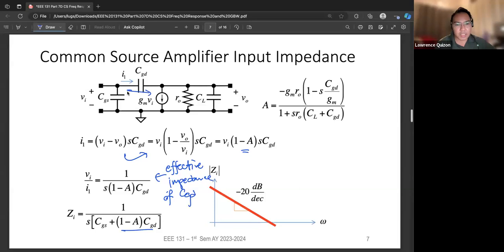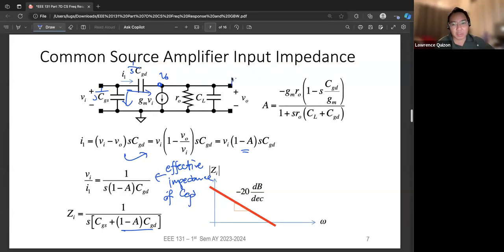Since we know this and we know this, that's just 1 over s CGS. This is what we didn't know, because of the contribution of V_out. So through this I1 derivation, we find that it's actually just 1 over s times (1 minus A) CGD.